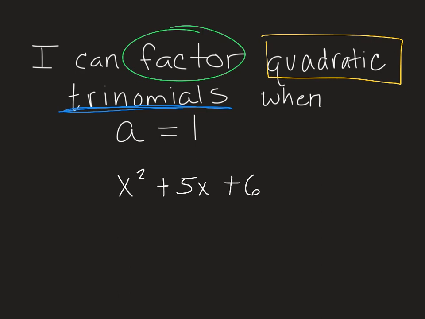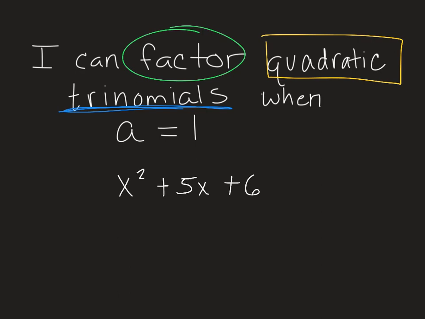So whenever you have an expression that's in standard form, that is, you've got the biggest x, the x squared, the 5x, and the 6, and it's quadratic, we assign the variables a, b, and c to represent certain parts of that expression.